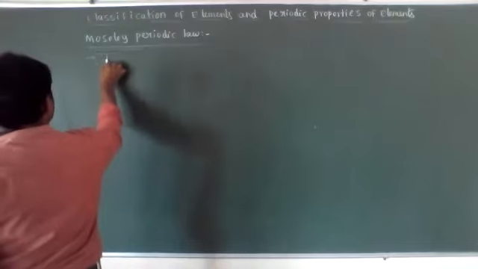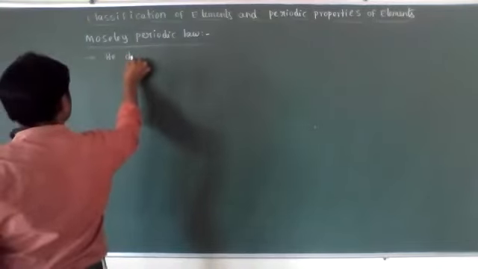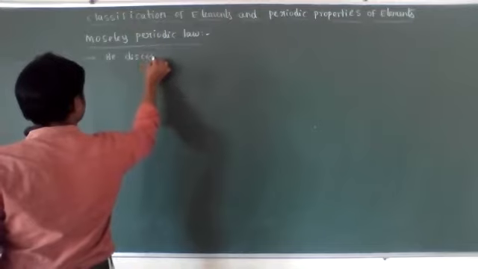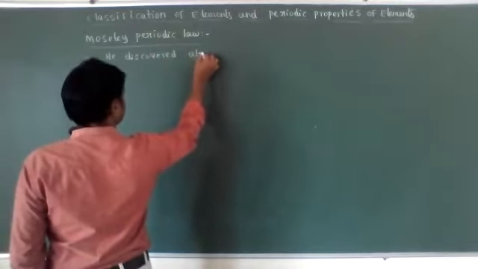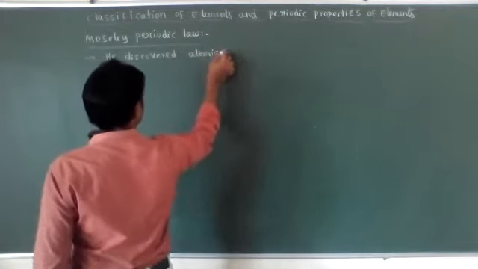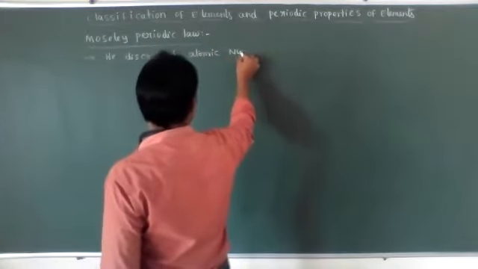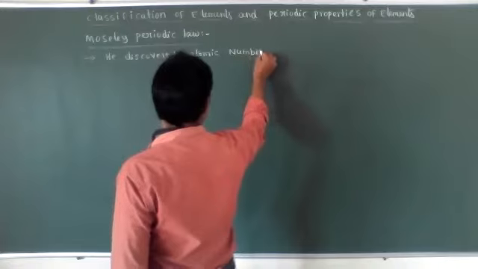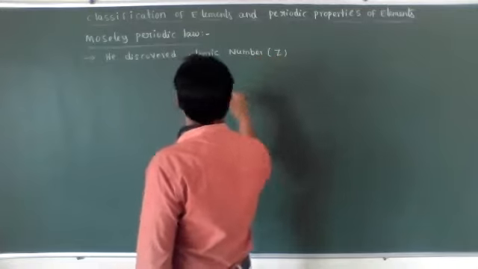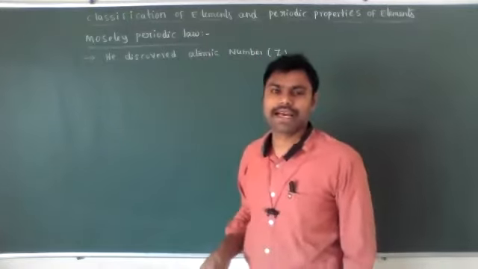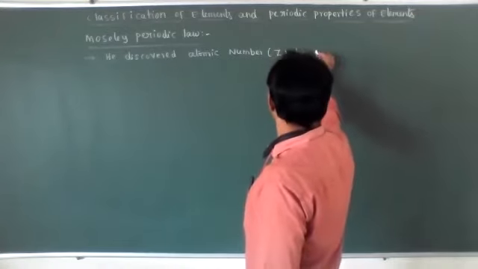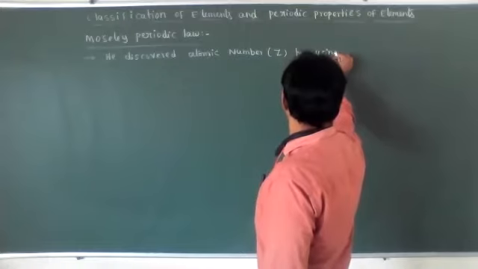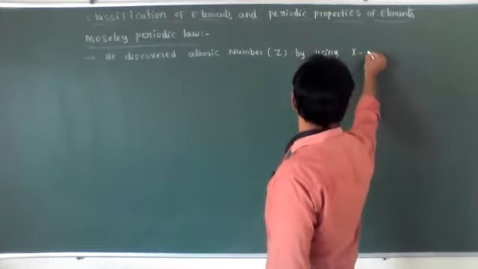Okay, he discovered the atomic number. Who discovered the atomic number? Moseley discovered the atomic number by using X-rays.